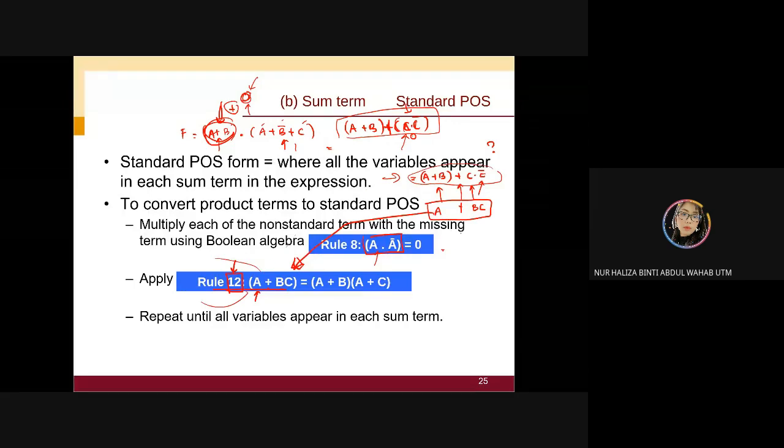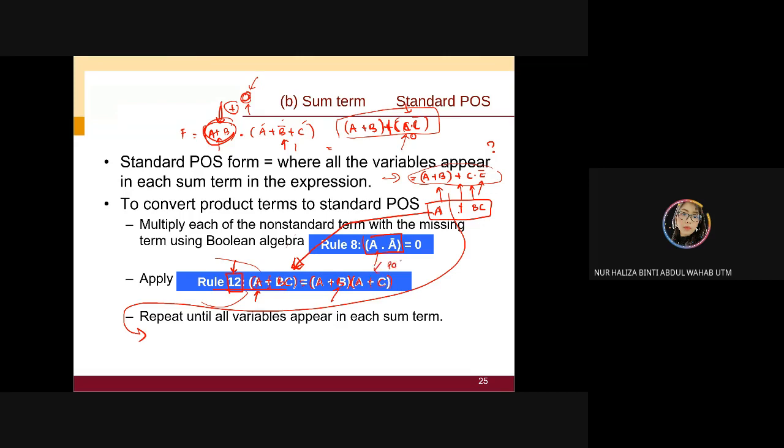So from here, my A will be A plus B. Equivalent A plus BC equals A plus B factorize A plus C.